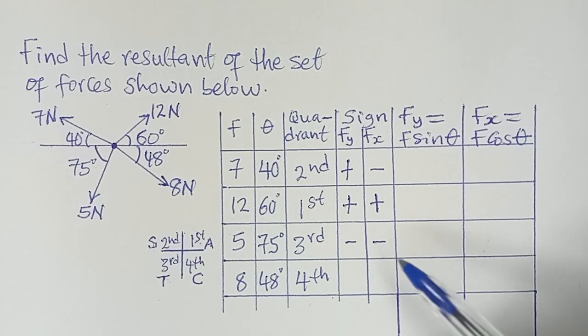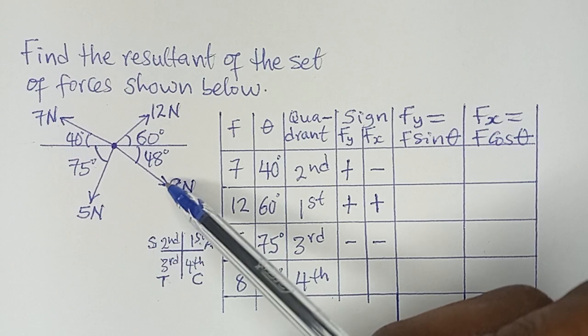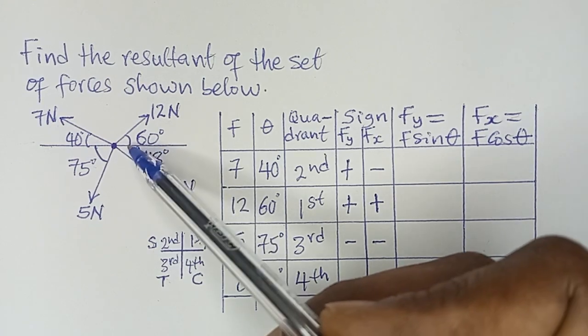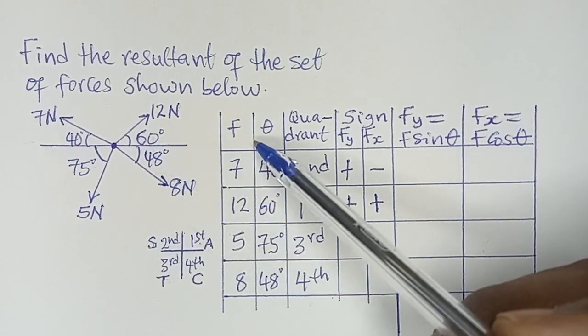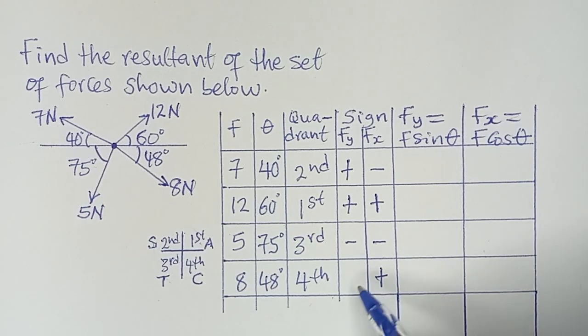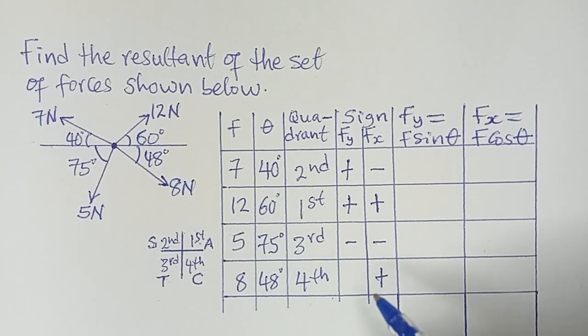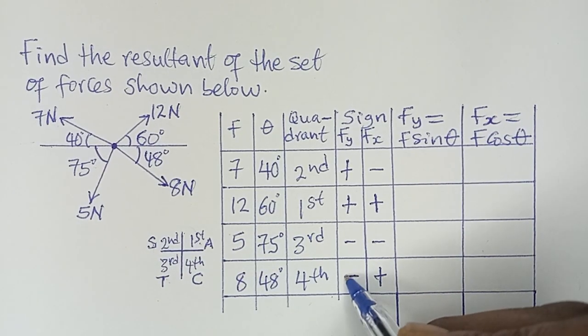And finally, in the fourth quadrant, only the horizontal component in this direction is positive, that is cosine, and the vertical component, which will act downward here, is negative.